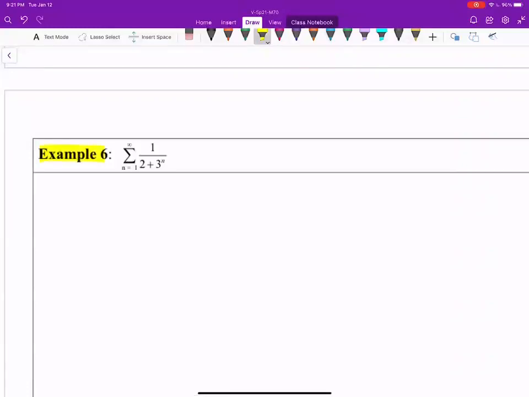Let's take example 6. Test the convergence of sigma 1 over 2 plus 3 to the power n. I think a regular comparison test would work. To do the comparison test, we have to get the right-hand side series, which is a known series, either a p-series or a geometric series.